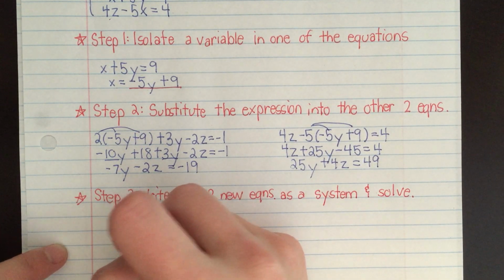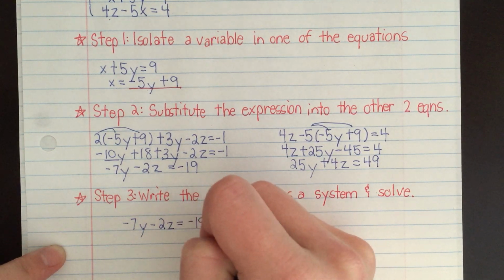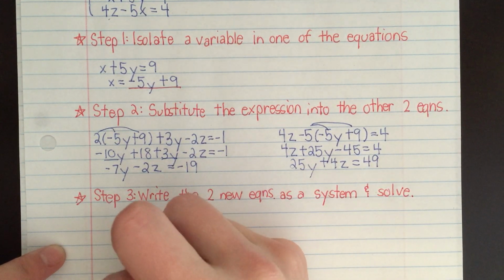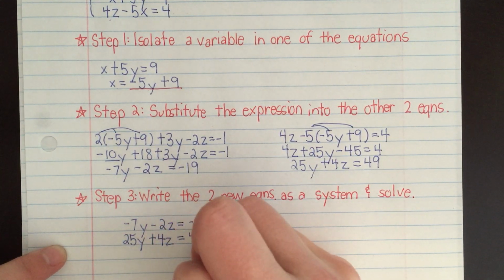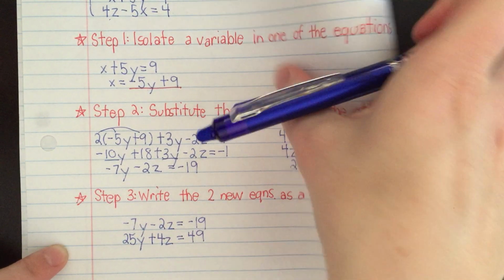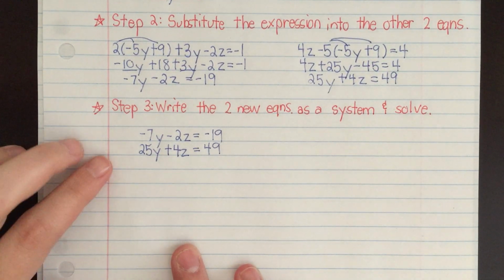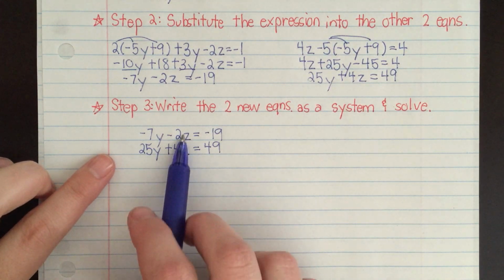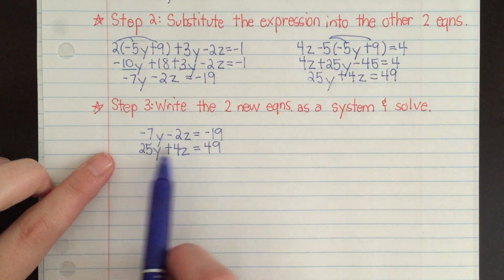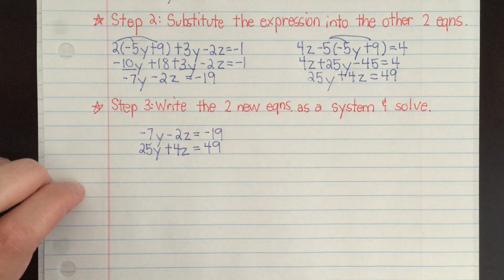I've got negative 7y minus 2z equals negative 19, and 25y plus 4z equals 49. I have lots of ways that I know how to solve systems. The easiest way algebraically is probably not going to be substitution because all of these have coefficients other than 1. So if I need to isolate a variable, that's going to be tough.